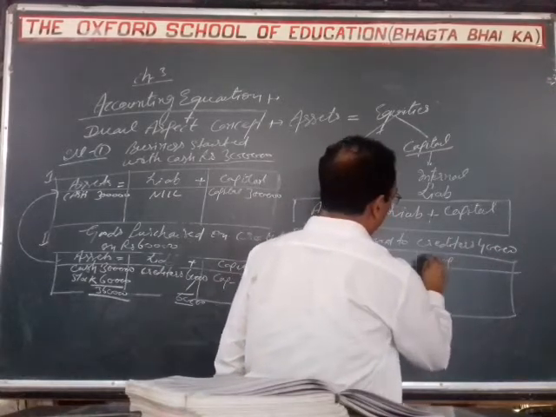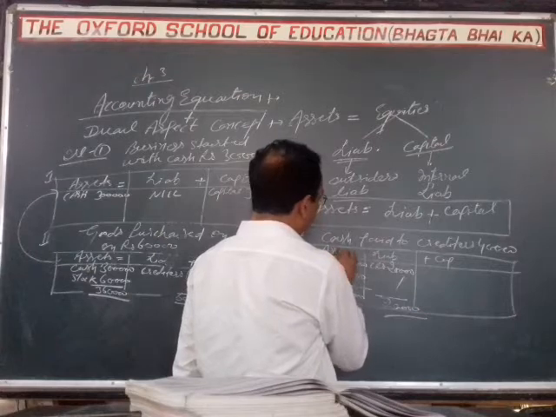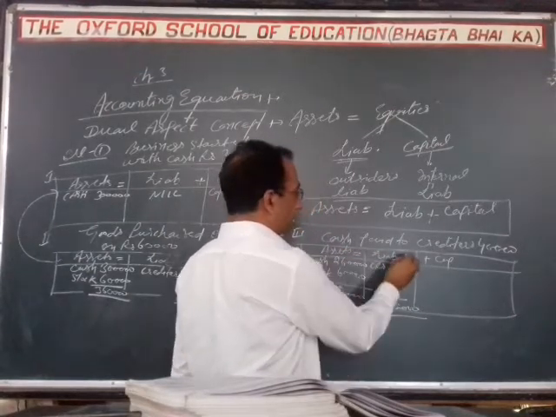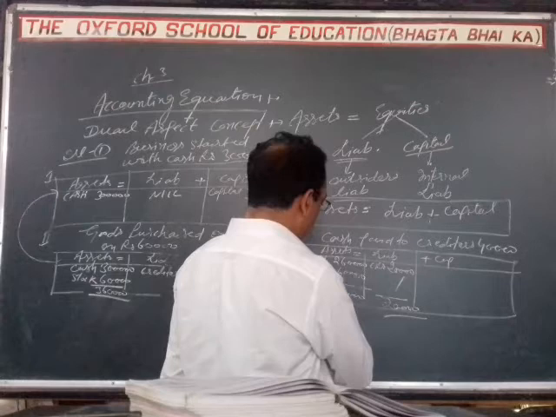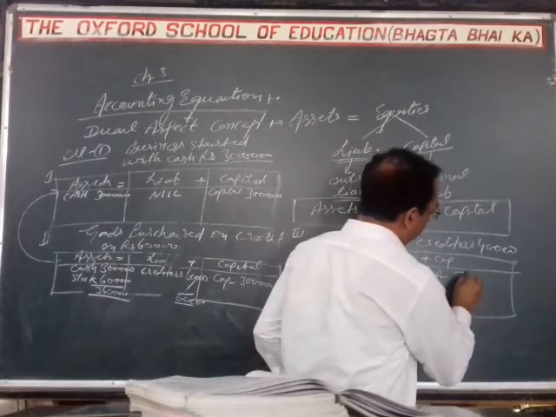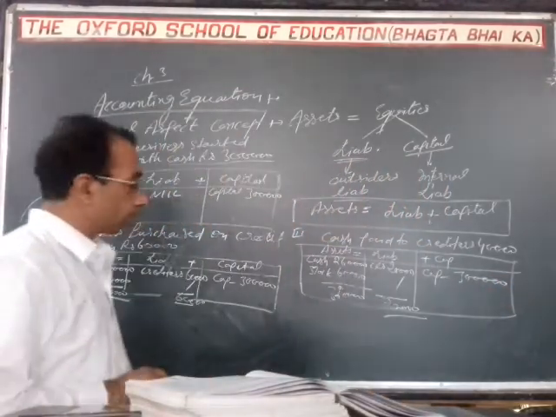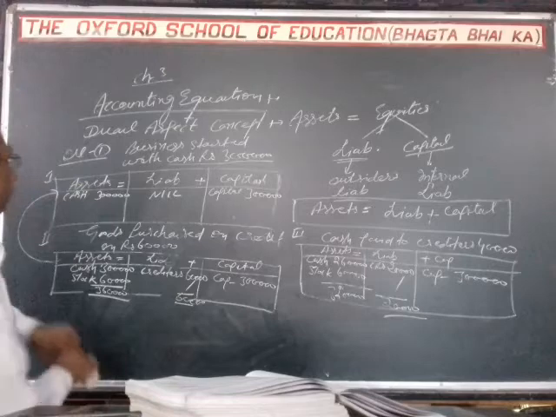How do we calculate the amount of capital? Again, liability will be minus from assets. So 20,000 minus from 3,20,000, and we will find capital is 3 lakh. So this is table number 3.